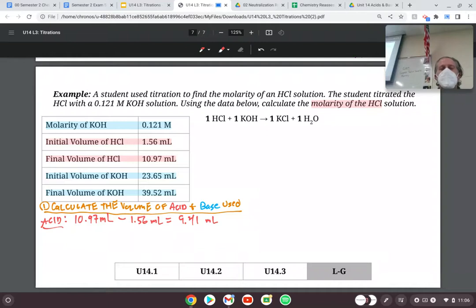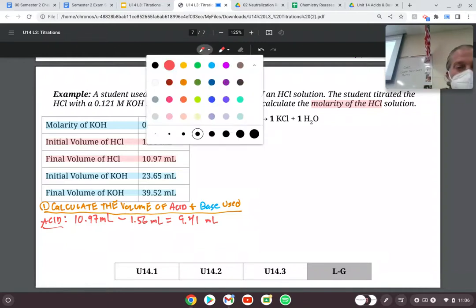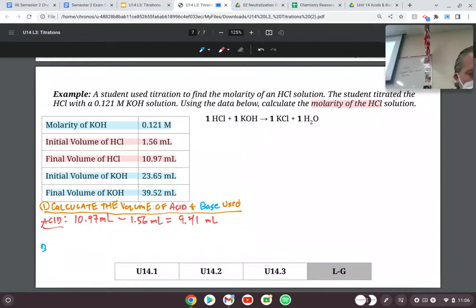For my base, I'm going to take my final, which is 39.52 milliliters, minus my initial, which is 23.65 milliliters. And when I plug that into my calculator, I get something like 15.87 milliliters.